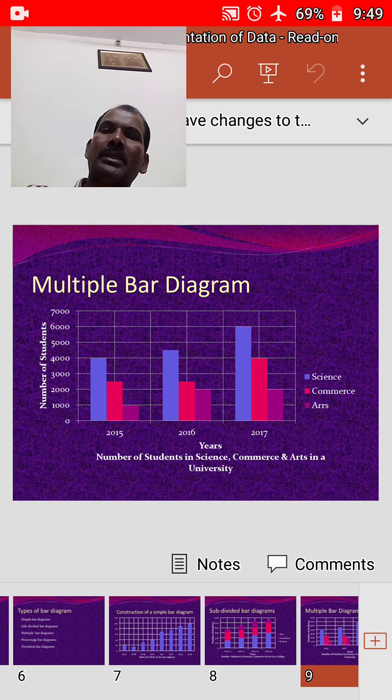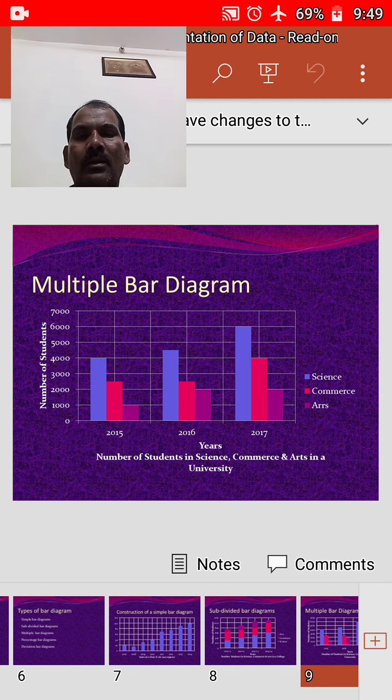If we present the same in a multiple bar diagram, we will have the diagram given in the PPT.